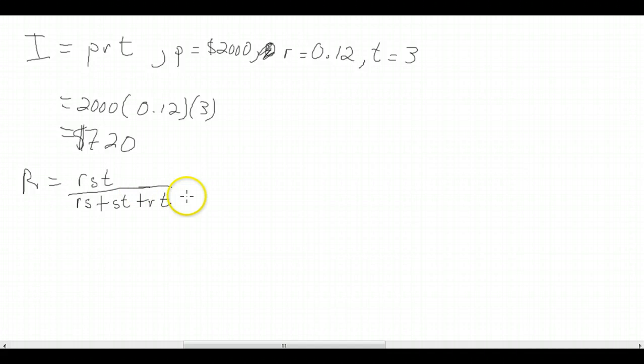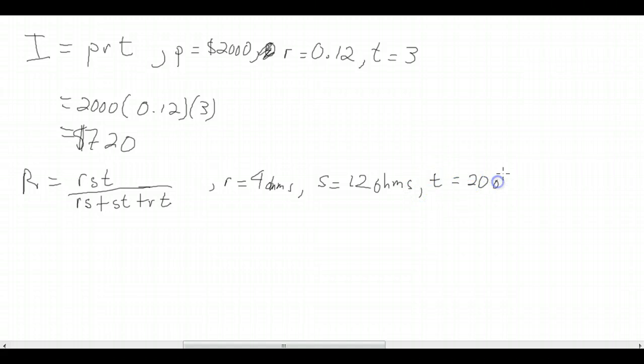And let's say we want to work that out, where little r is 4 ohms. Ohms is the unit of resistance. Little s is 12 ohms, and little t is 20 ohms.